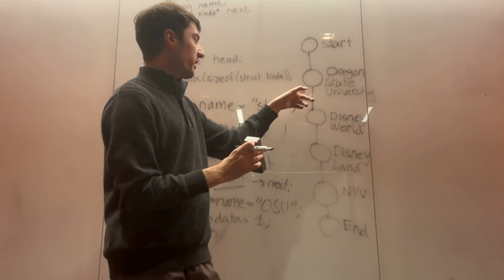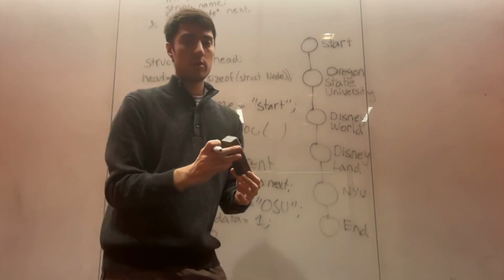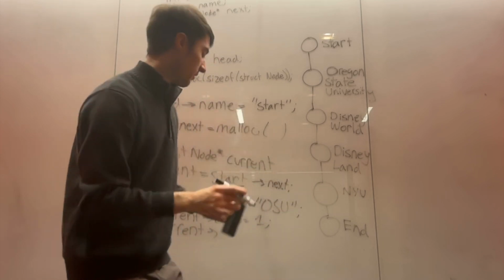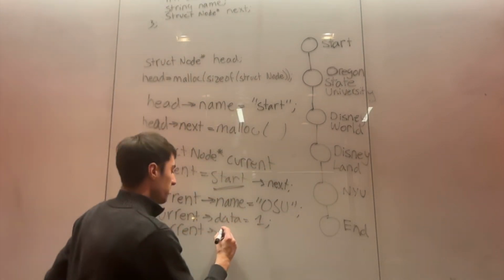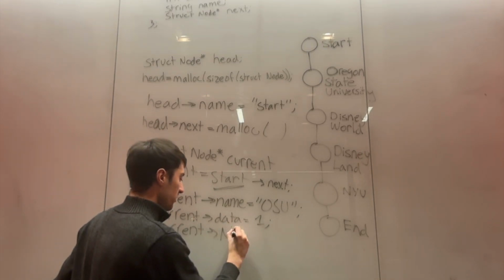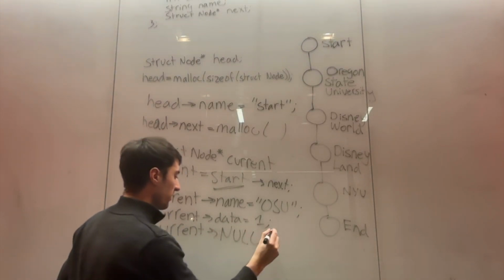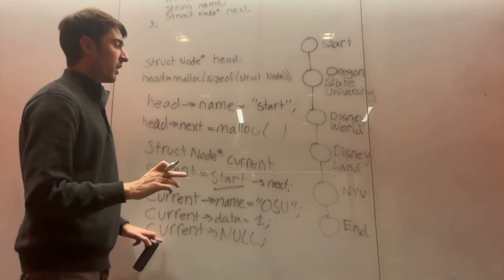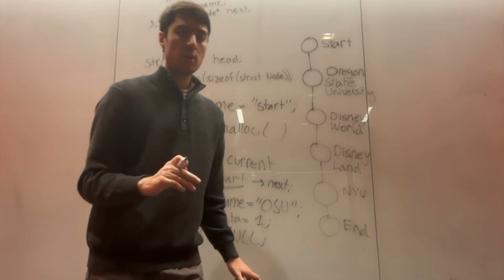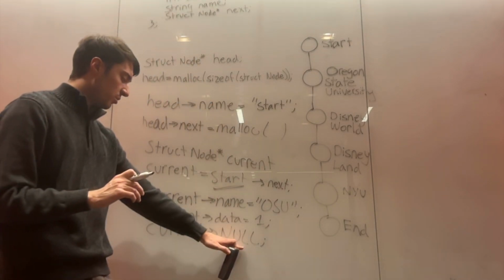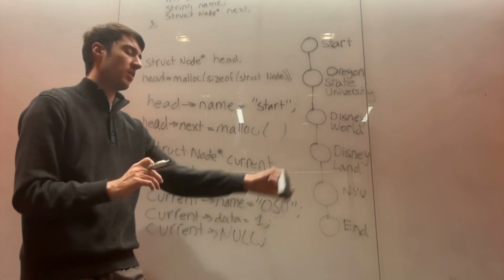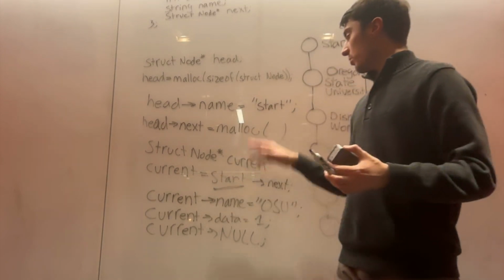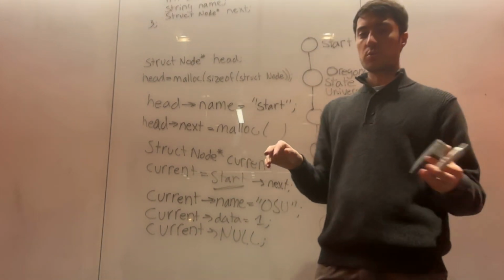So a lot of times we'll just do null. If you come up to a null, you know that you're at the end of the list. So current next equals null, like that. You come here and assign null, and then when you're traversing through the list, you end up coming up to a null and you say, okay, well, I'm done. So that's how you can create the actual links.